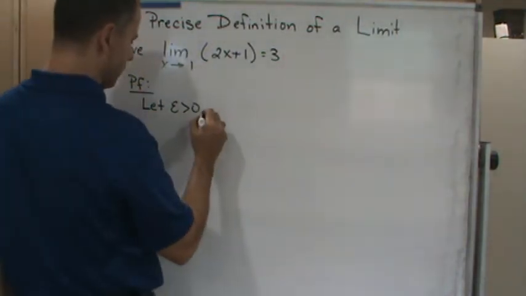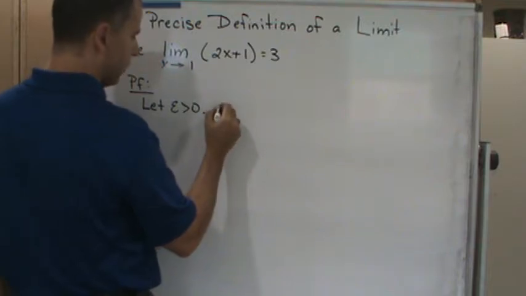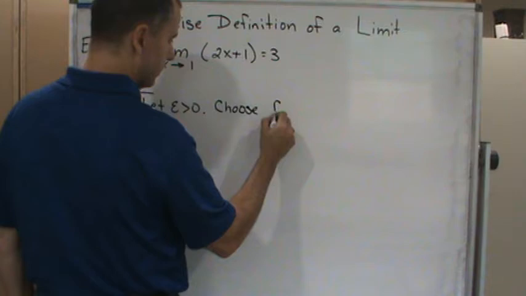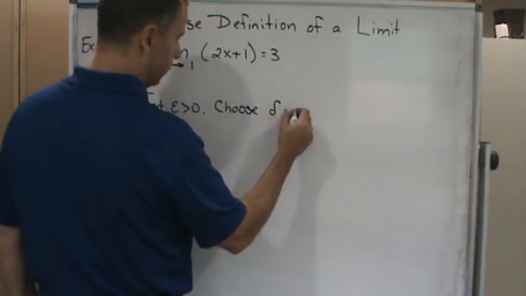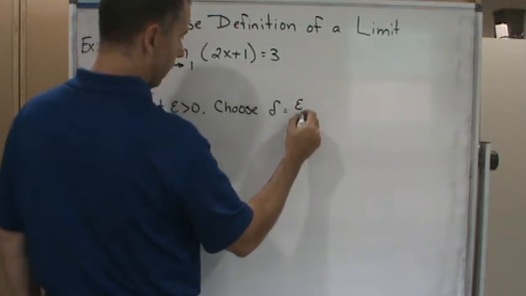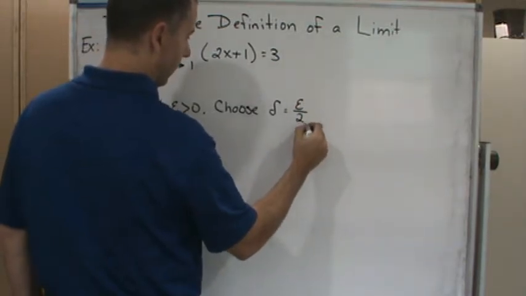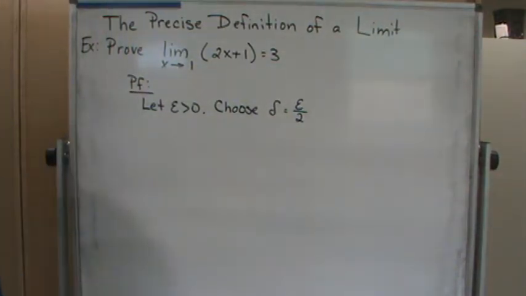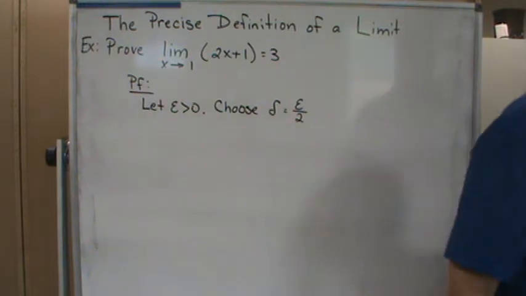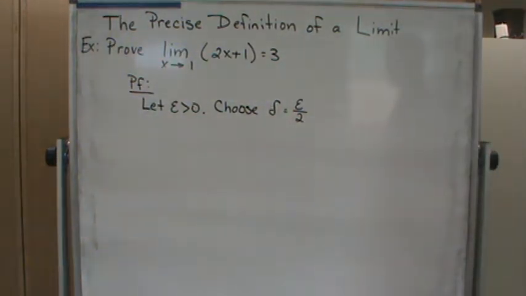So now what we're going to do is let epsilon be greater than 0, choose delta equal to epsilon over 2. Now some of you are probably thinking, well, how did you come up with epsilon divided by 2? You'll see.